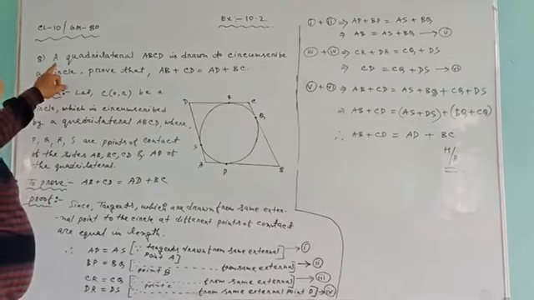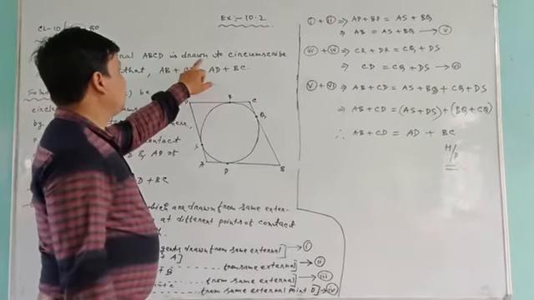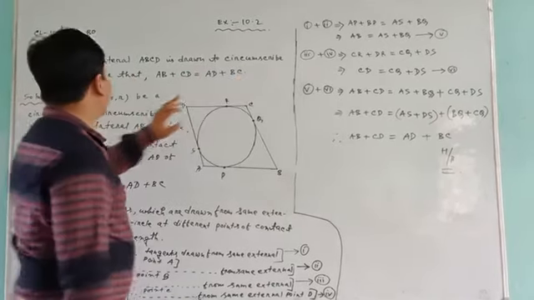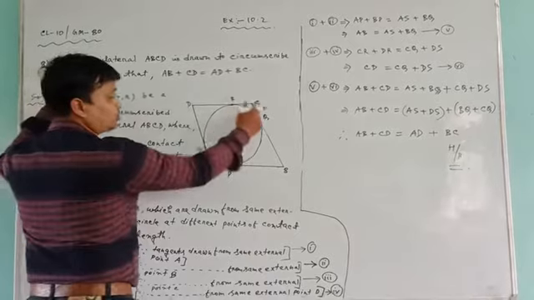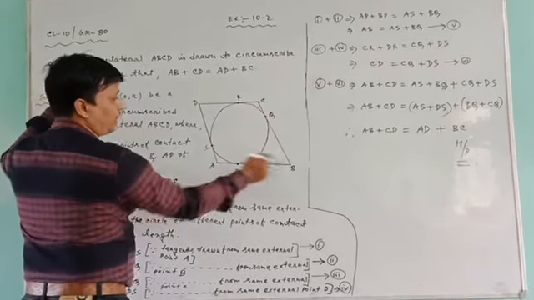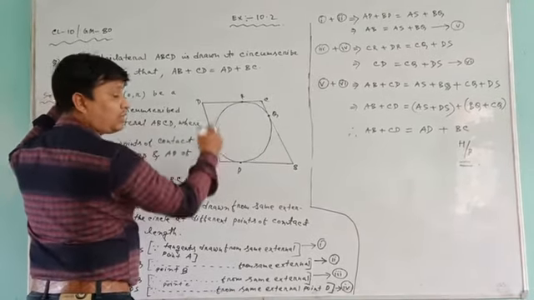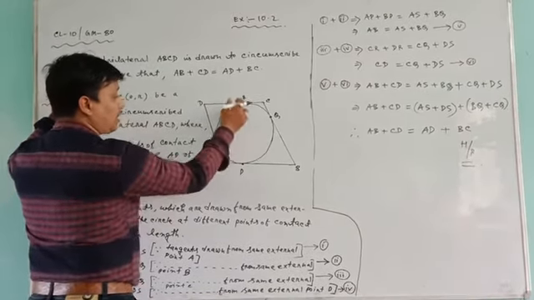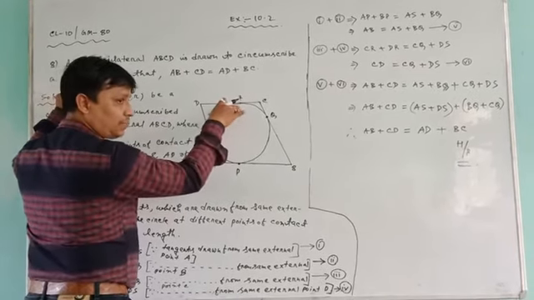So there is written a quadrilateral ABCD is drawn to circumscribe a circle. That means outside there is a quadrilateral and all the sides of the quadrilateral are touching the circle at points P, Q, R, S. That means the circle is inside the quadrilateral.